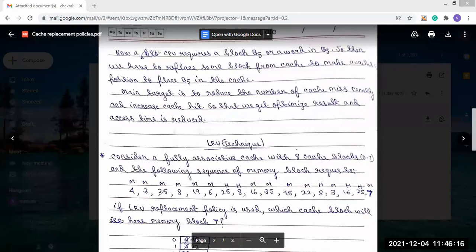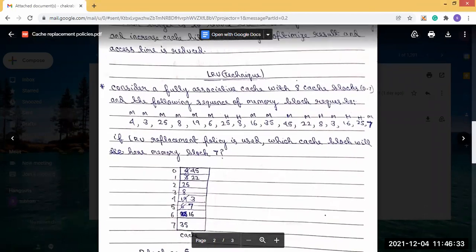These are the memory blocks present in the main memory, and we have to accommodate these blocks into the cache. But one thing to keep in mind is that our cache can contain only 8 cache blocks, from 0 to 7, at a particular moment.